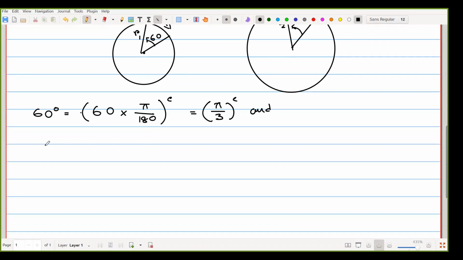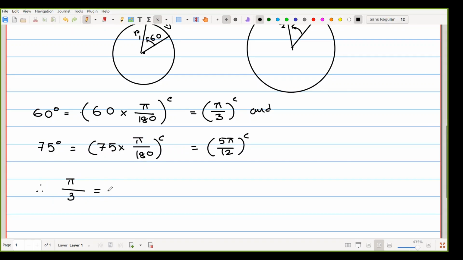And for 75 degree, we have 75 into pi by 180 c, or that is 5 pi by 12 c.